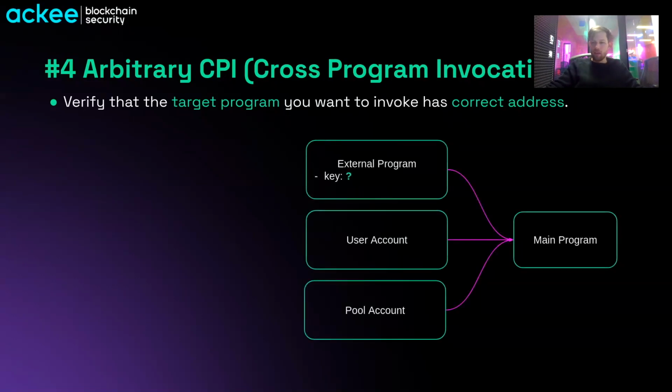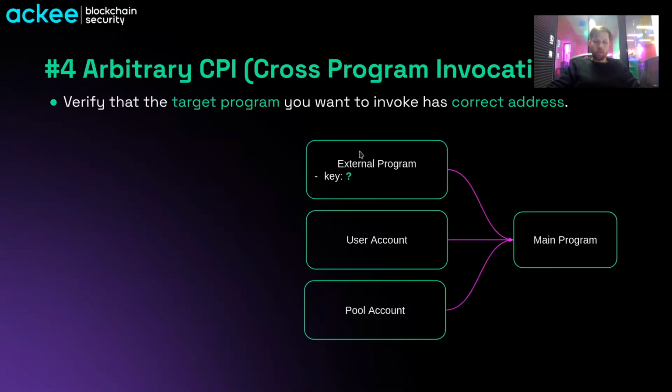So let's take the following structure of a program. Let's suppose that we have a main program, and this main program calls an external program and also takes as inputs the user account, some pool account, and also maybe some system account. I omitted it here for the sake of simplicity.